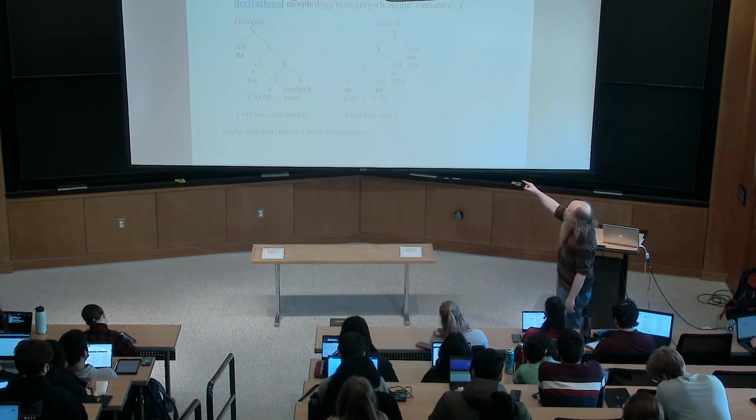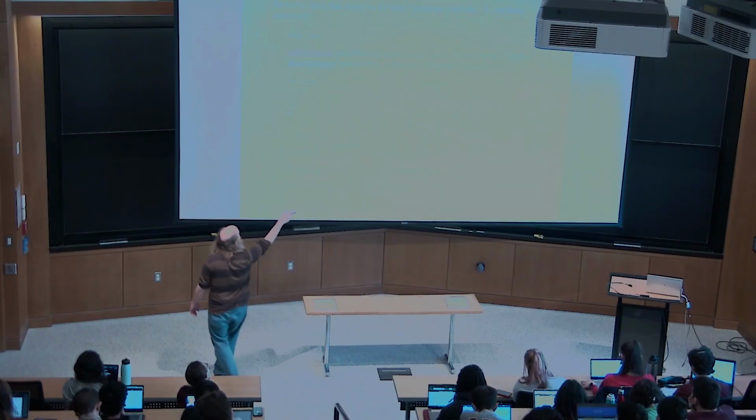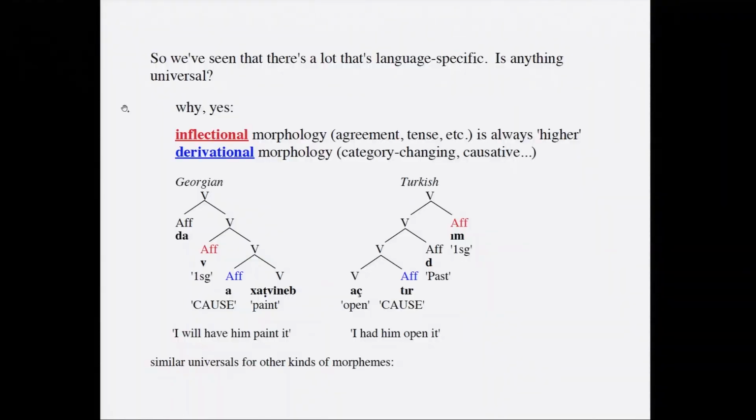The red affix is merged after the blue affix. So the affix that means cause is the first thing that's merged with the verb in both of these languages. And the affix that means first person singular, I, as the subject, is merged later in both of these. Now, in Georgian, they're both prefixes. In Turkish, they're both suffixes.